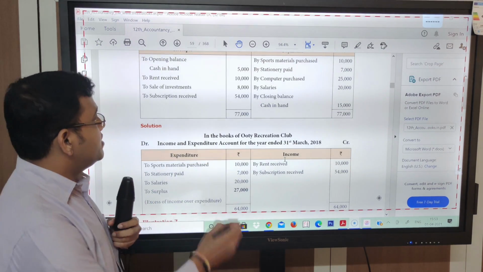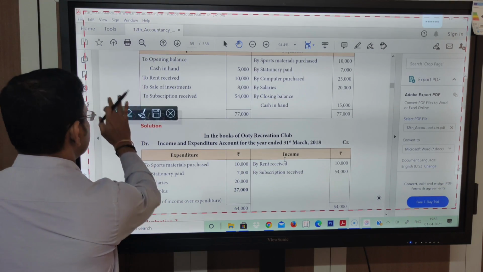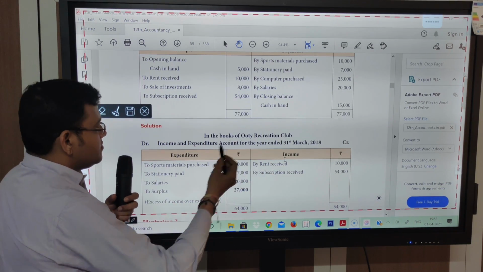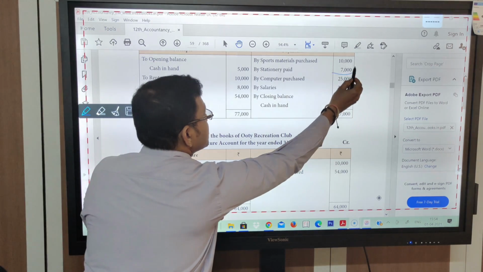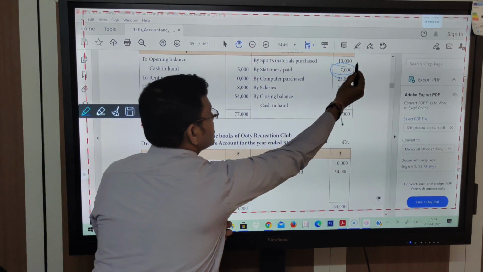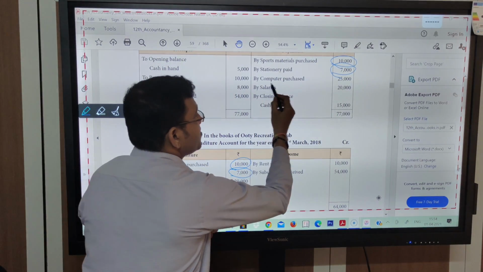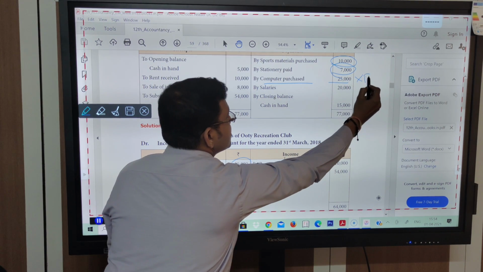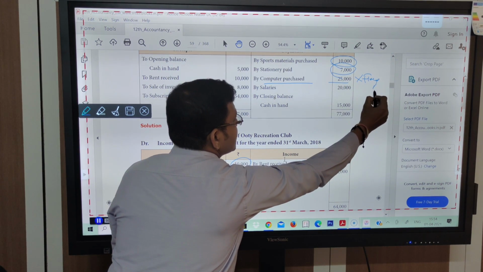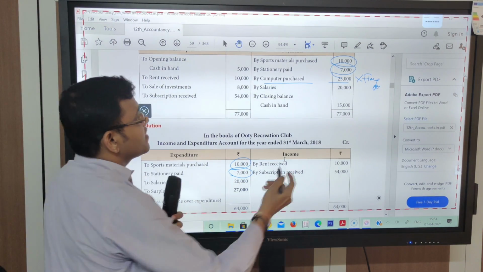See, if you compare here, stationery paid, we have taken over here. Sports material purchased also is revenue, so we have taken here. Computer purchased, we have not taken because it is a fixed asset and it is a capital expenditure, so it won't come over here.